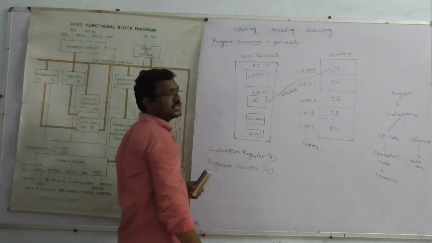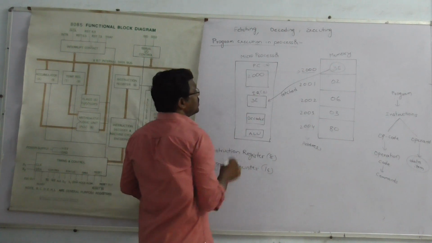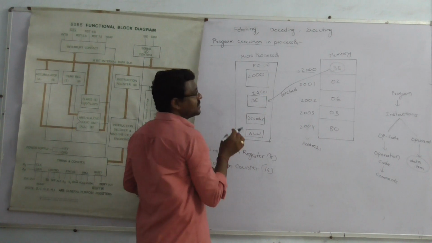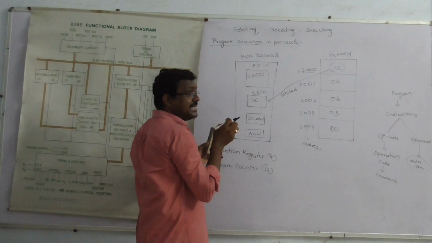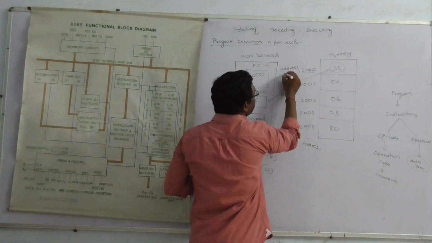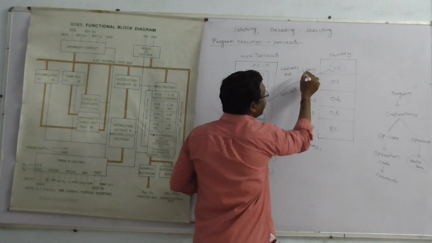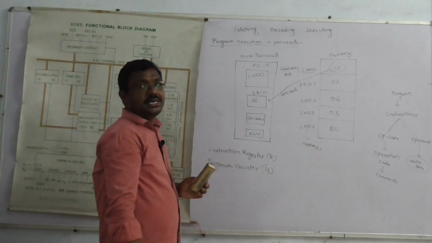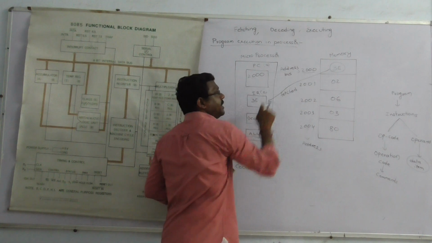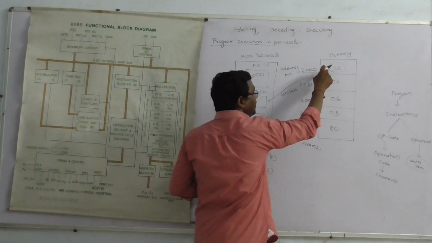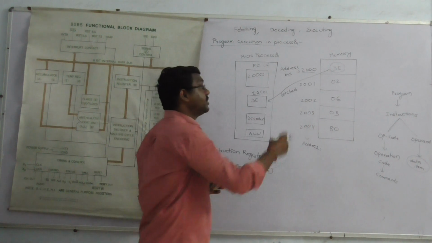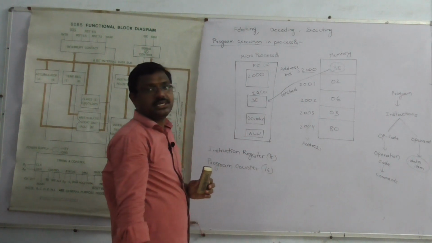The program counter stores the memory address, and that address is sent through the address bus to the memory, to the particular memory location. That memory location contains the information, which is fetched from memory to the instruction register.